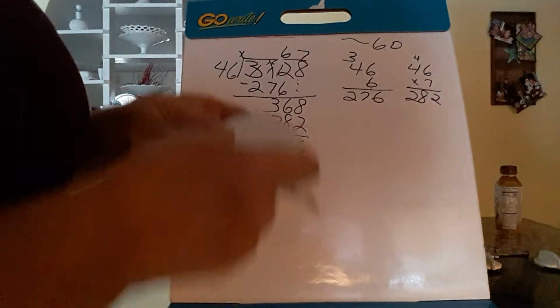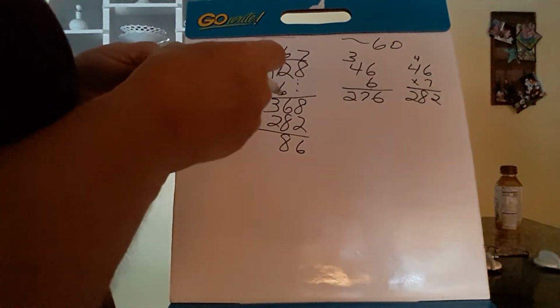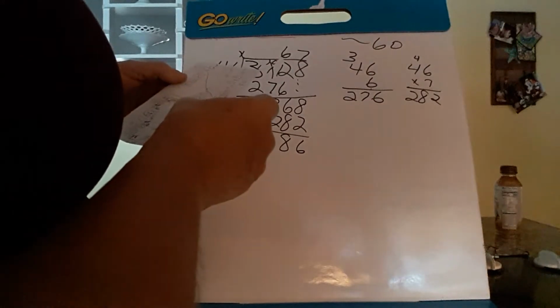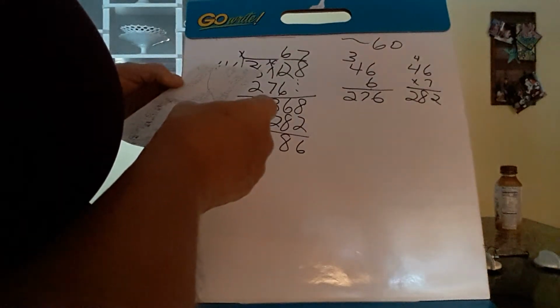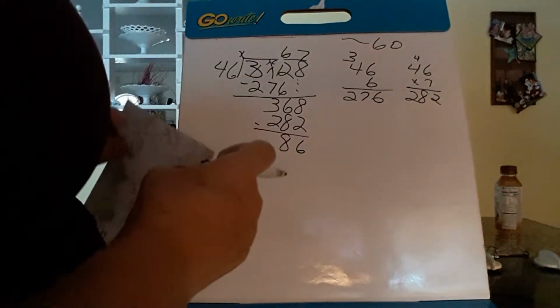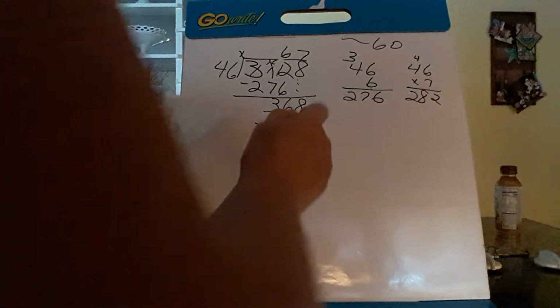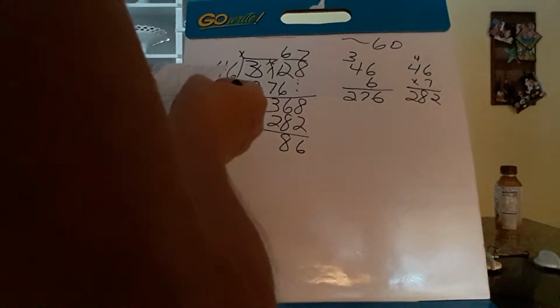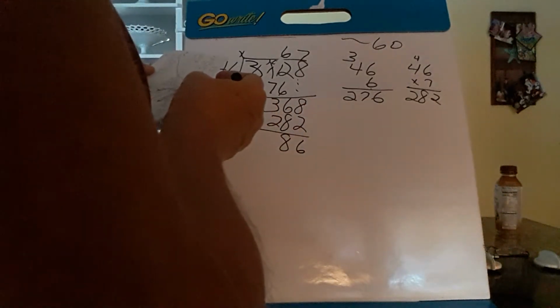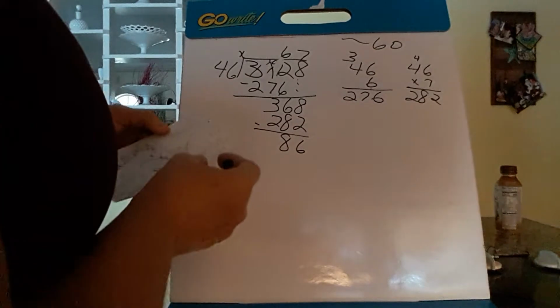Then we subtract. This is 6. And this is 8. All right, let me make sure I'm doing this right. Okay, I did 282, I worked this out so I would know what the answer was.